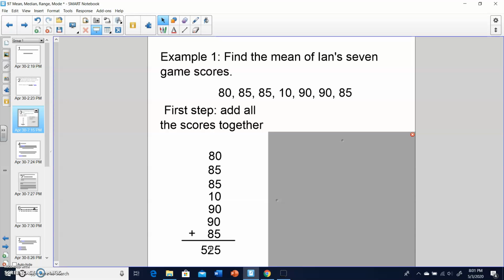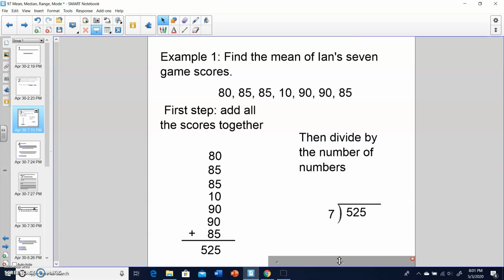If we're finding mean, remember it's 2 steps. We add them all up, and then we divide by the number of numbers we added. So we added 1, 2, 3, 4, 5, 6, 7 numbers together. So we're going to take this answer, 525, and divide it by 7.